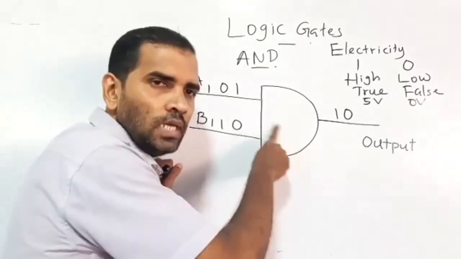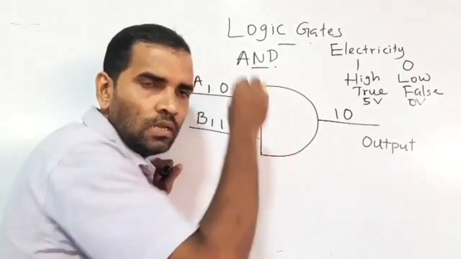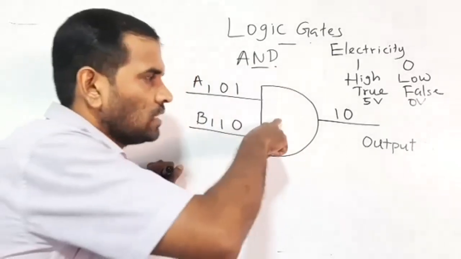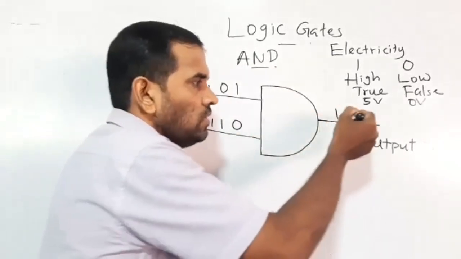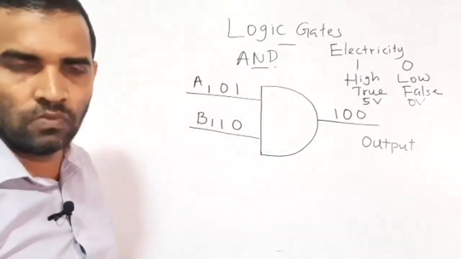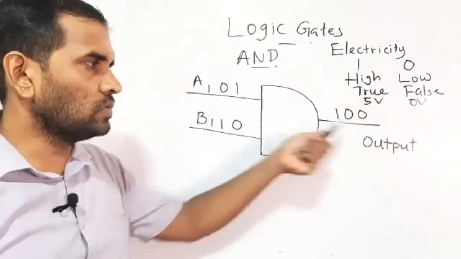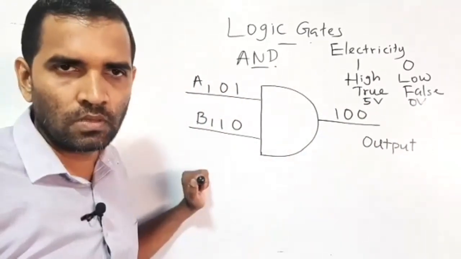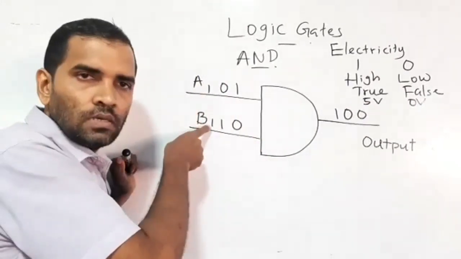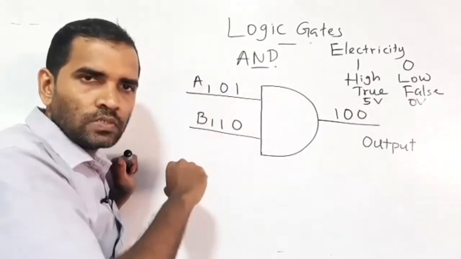So now again, this AND gate will do a function. As a result of the function, you will not get any electricity here, so 0. Look here again. Earlier we gave electricity in both wires.